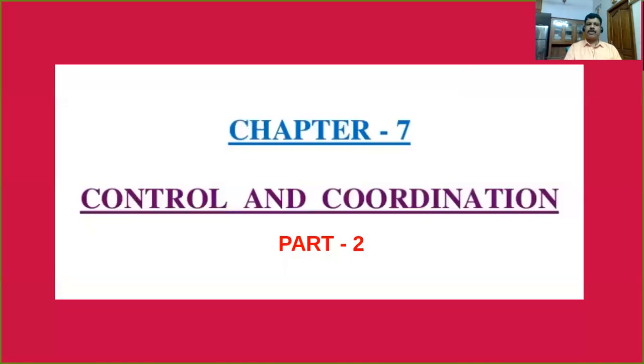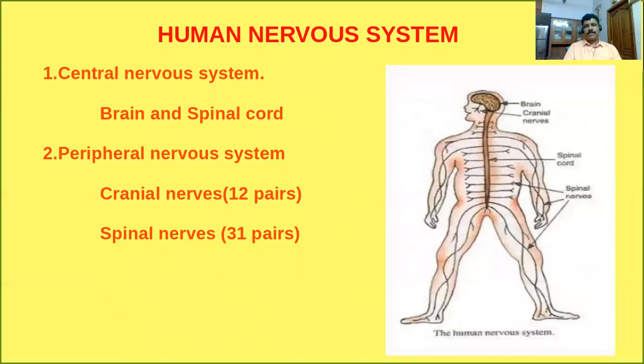Today, I am going to talk about Control and Coordination Part 2. This lesson is preparing for the students of CBSE 10th. As you know, the last day we discussed the control and coordination process that occurs in the human body.